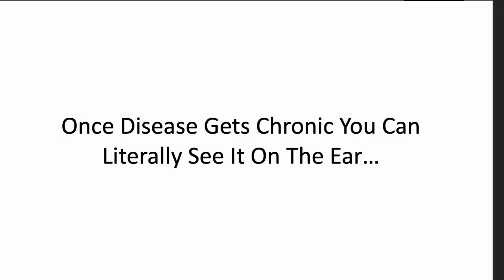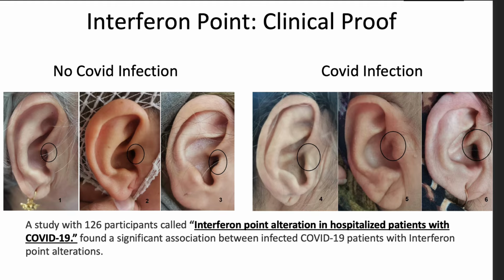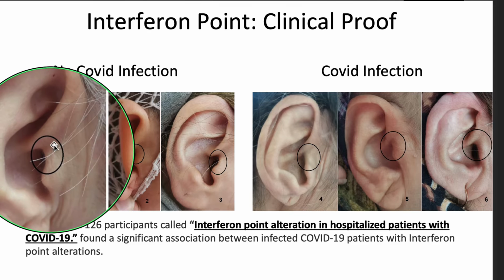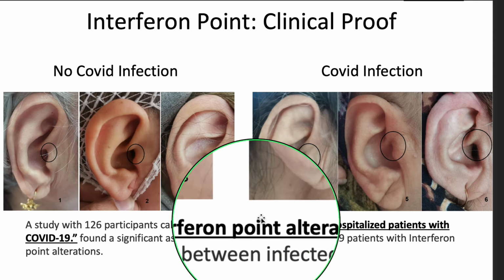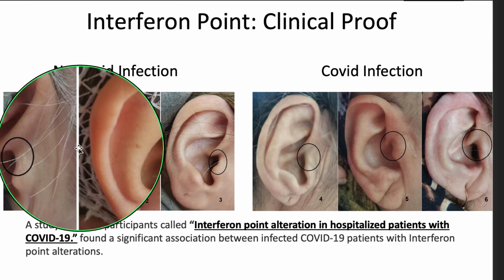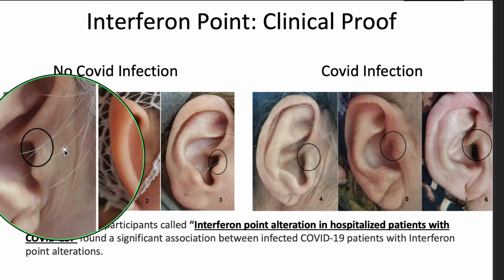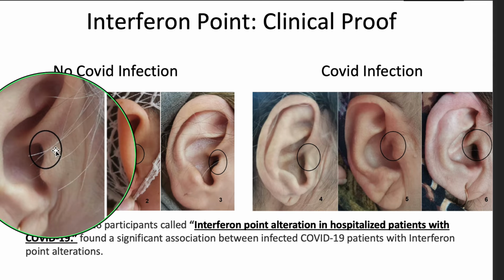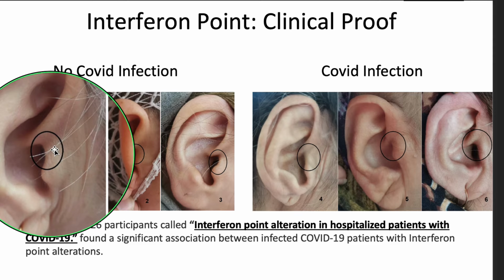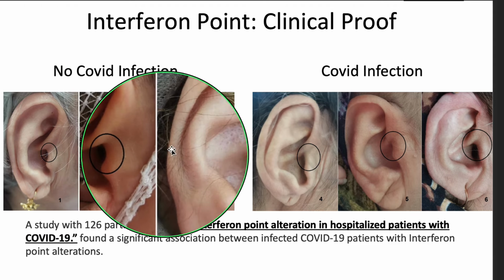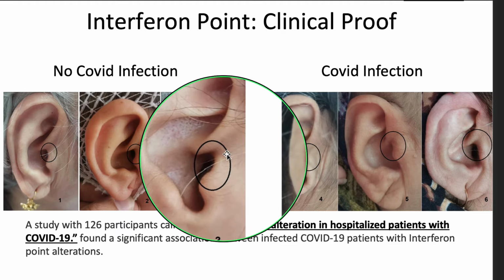Remember I showed you that brain receptor point, the Valium point. Well, here is a study done during COVID. The patients on the left here, this was done in a hospital. It's called interferon point alteration in hospitalized patient with COVID-19. This is the interferon point in this black circle here. And it's a receptor point that's related to the immune system. And as you can see, these 3 patients do not have COVID, and there's nothing remarkable about the interferon point in these 3 patients, right?